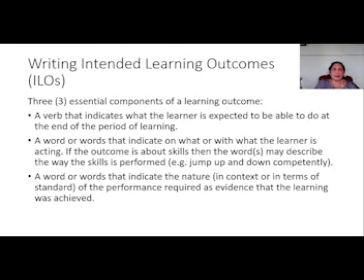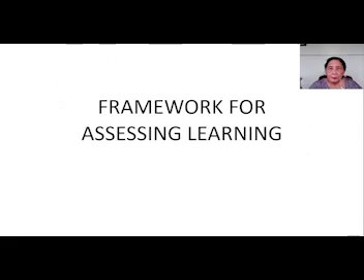A verb that indicates what the learner is expected to be able to do. A word or words that indicate on what or with what the learner is acting. And a word or words that indicate the nature of the performance required. As what? As evidence that the learning was achieved. Let's look at some examples later. Okay.